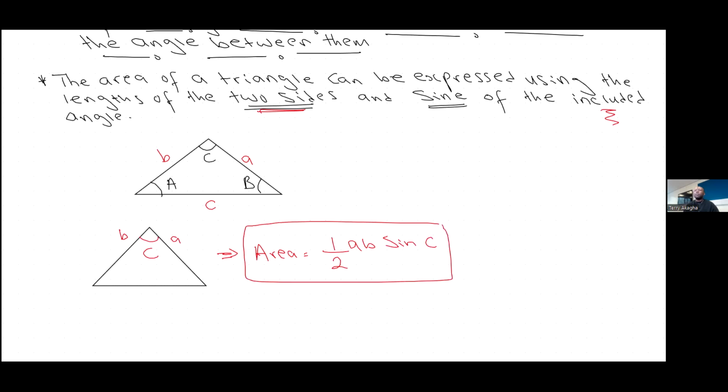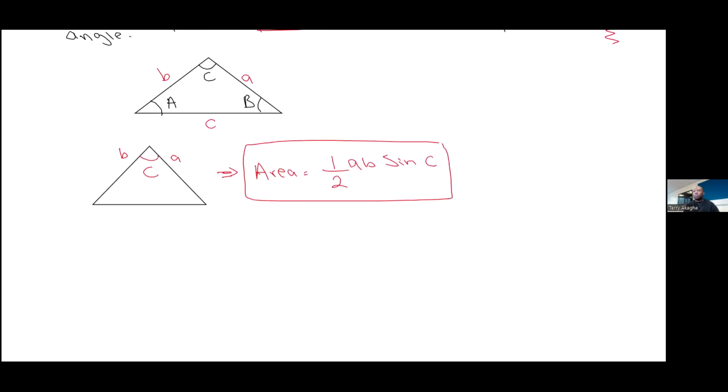Now, if for instance we have something else, let's assume we have another triangle, okay?